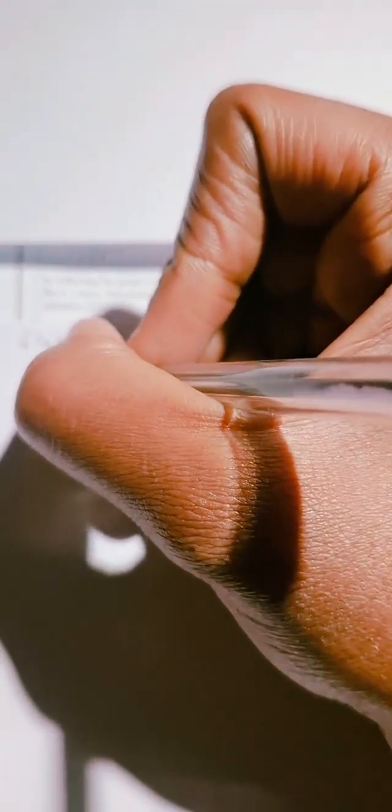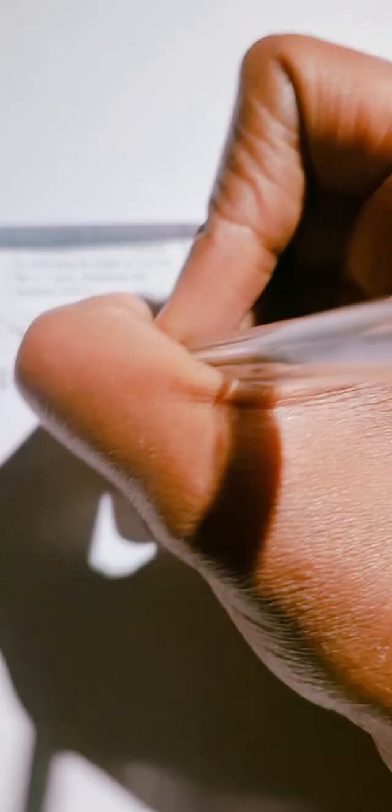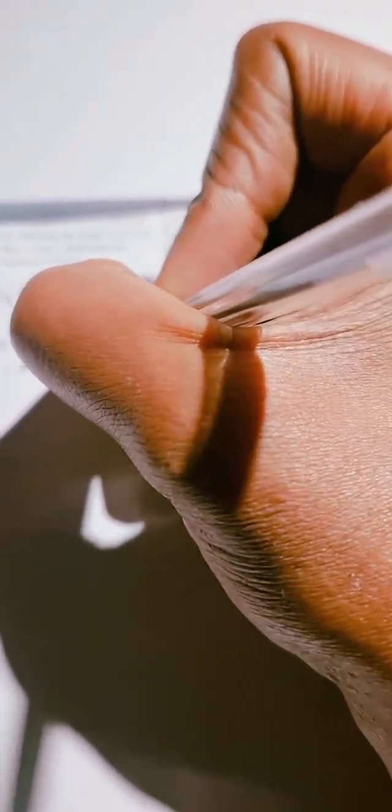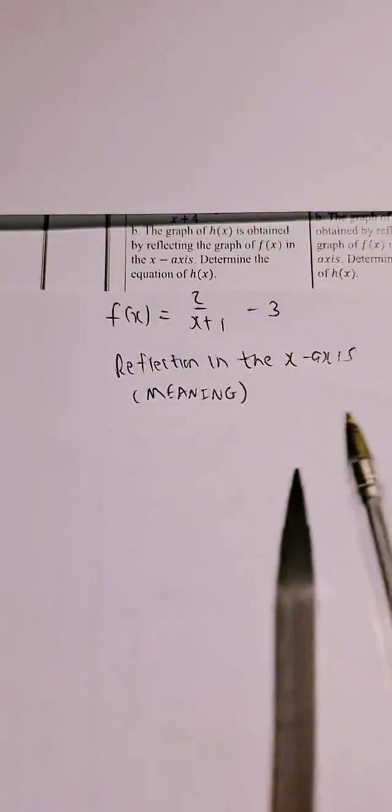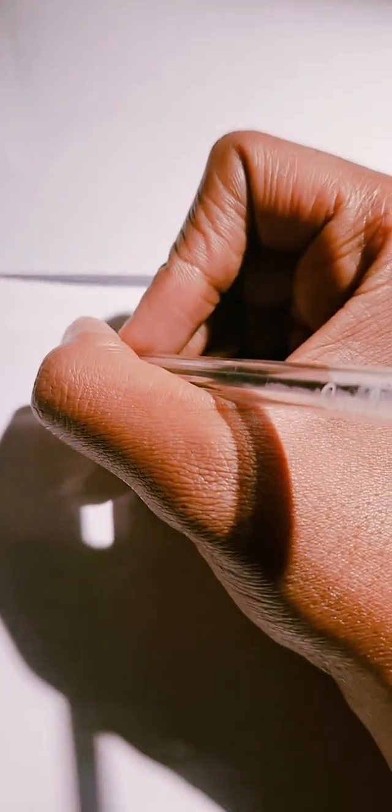So we first need to understand, what does reflection in the x-axis mean for the function? We need the meaning. Okay, so on your Cartesian plane, you have what we call the y-axis and then the x-axis.